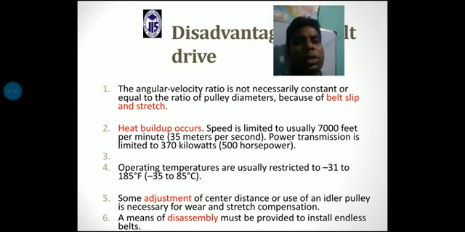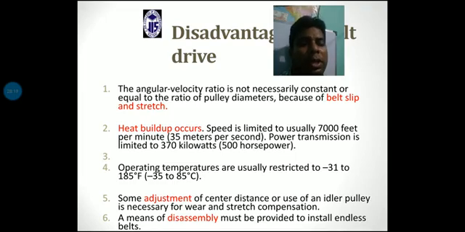Next point is operating temperatures are usually restricted to 31 to 185 Fahrenheit. That means from minus 35 to 85 degrees centigrade. I already mentioned that the induced temperature is not required.